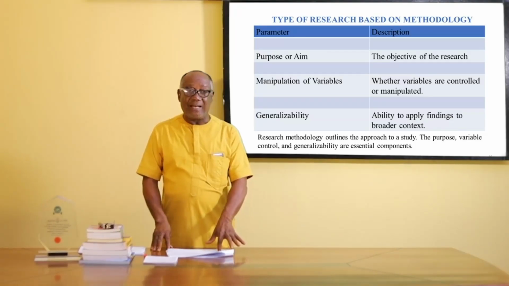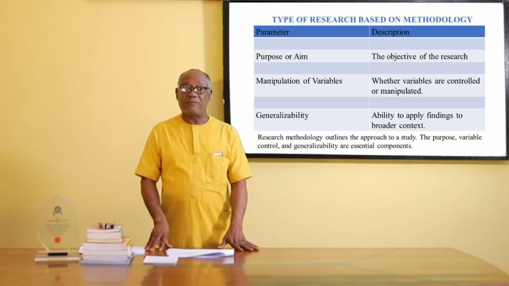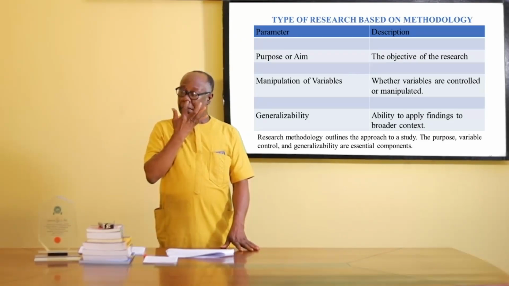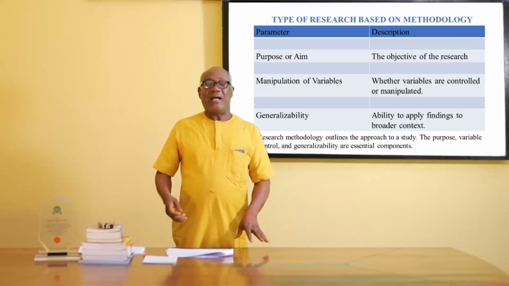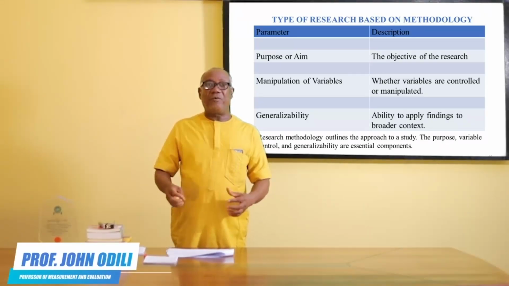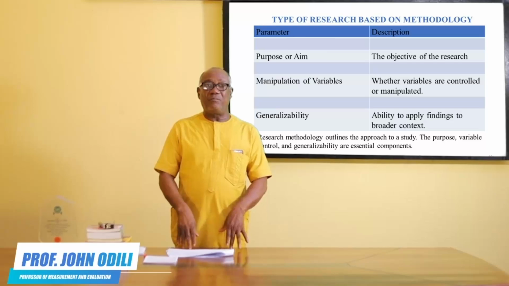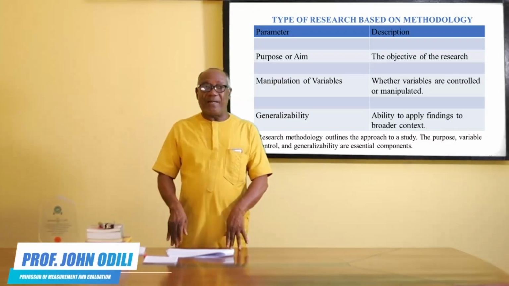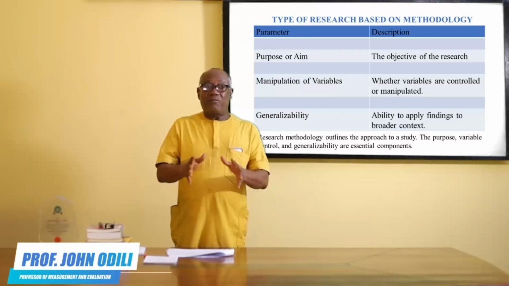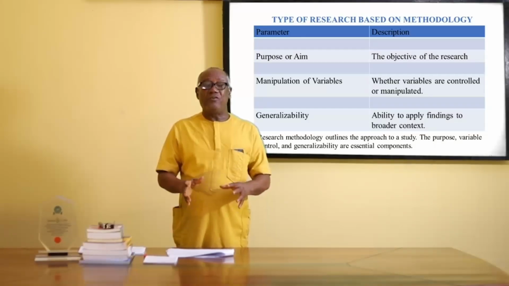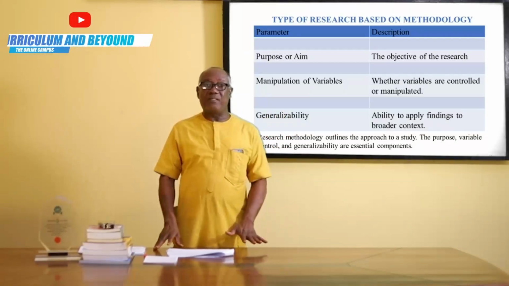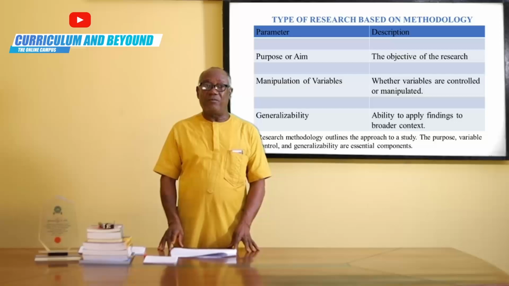Now, the other one is generalizability of results. Generalizability has to do with how you can apply the outcome of your research from the subject matter, that is, those people that are involved in the experimentation, to the similar group of persons who are not involved.